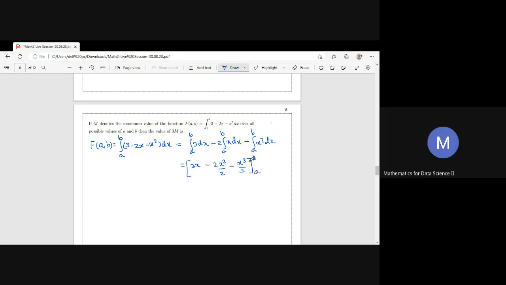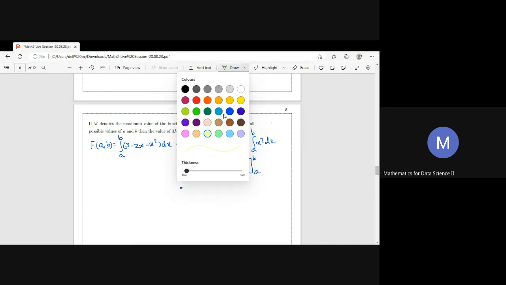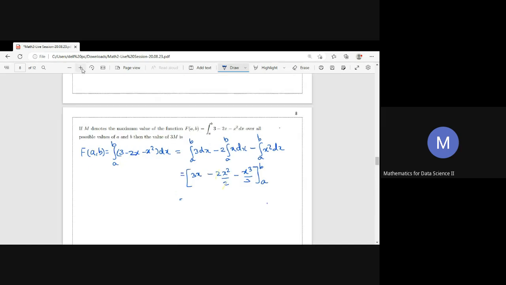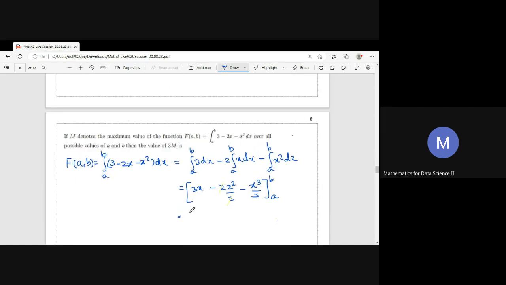And here you need to apply the limits. This is a definite integral, so you need to apply the limits. You will get 3b minus b squared minus b cubed by 3, minus 3a plus a squared plus a cubed by 3.